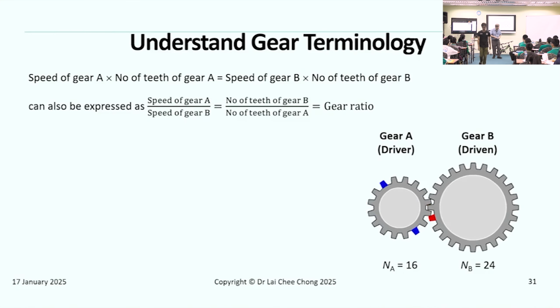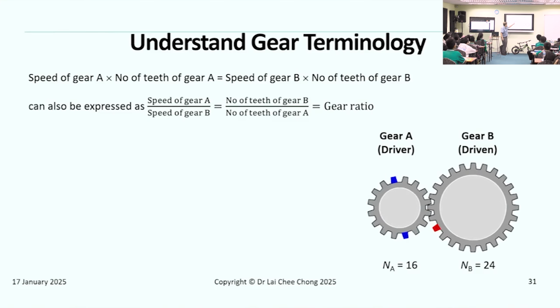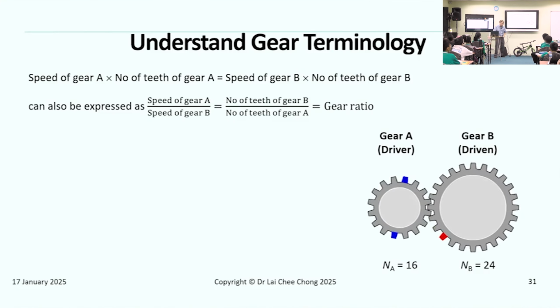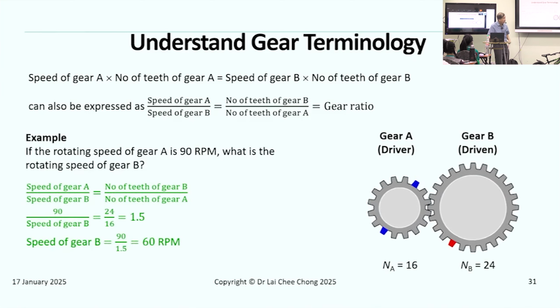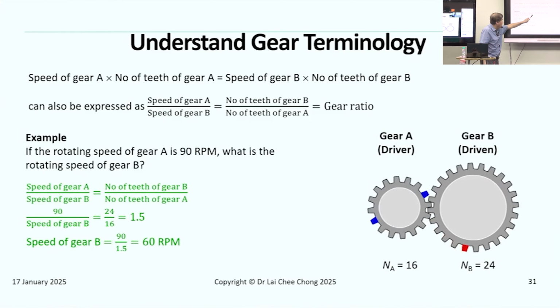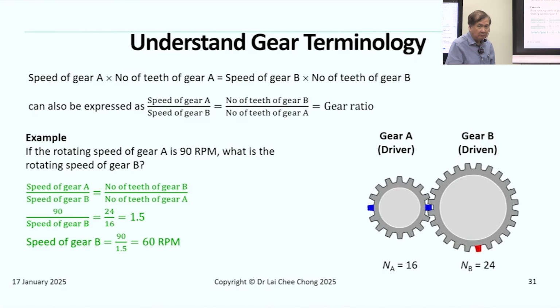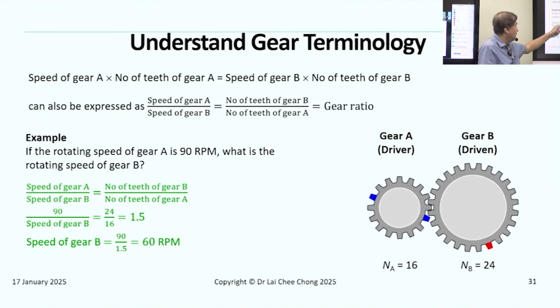Okay, good. So now we can express the speeds of gears A and B in terms of the gear ratio. Now that's how we do it. Suppose the rotation speed of gear A is 90 RPM, rotations per minute. What is the rotation speed of gear B?